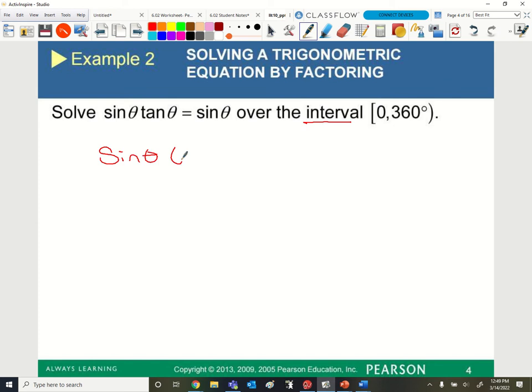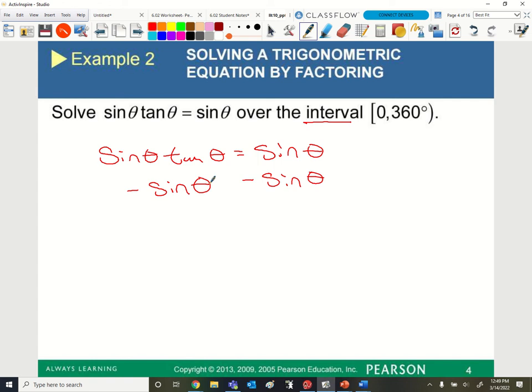So sine theta tangent theta equals sine theta. So I'm going to subtract sine theta from both sides of my equation. Now, if you notice, the sine and the tangent are multiplying together, aren't they?